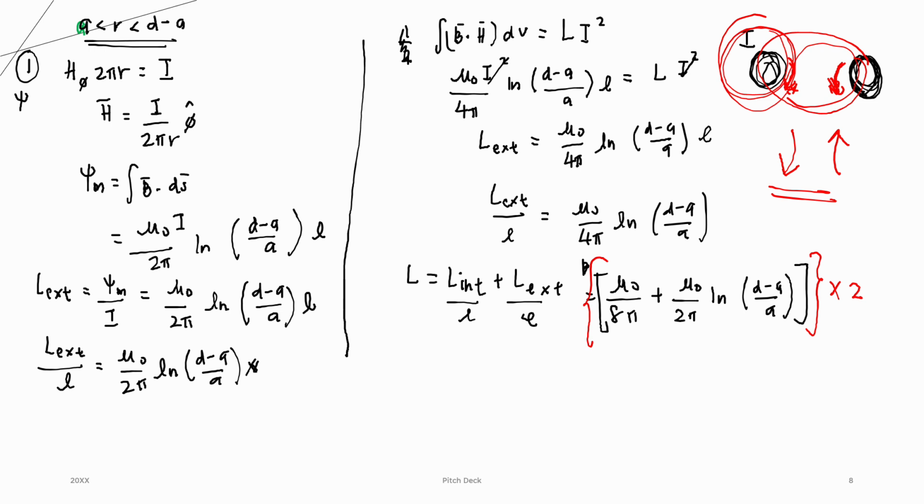So that is the shortest way, so you don't have to calculate twice. But you have to make sure that the value of I produced inside here is the same. In that case, the H field at the center part will add together, so you just need to multiply the value of the inductance.